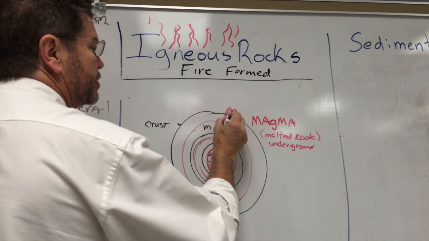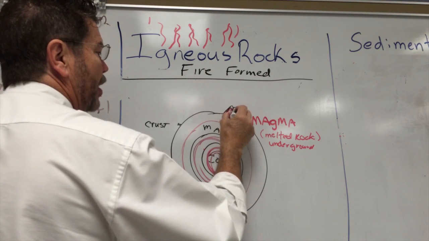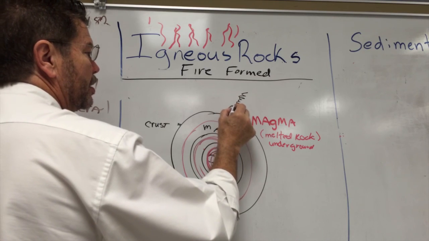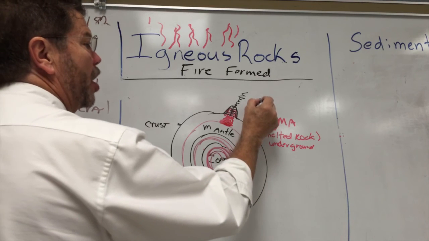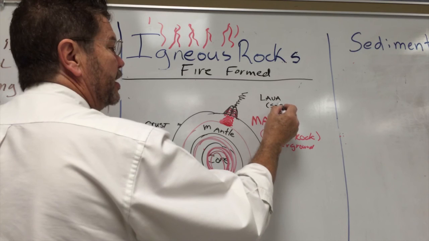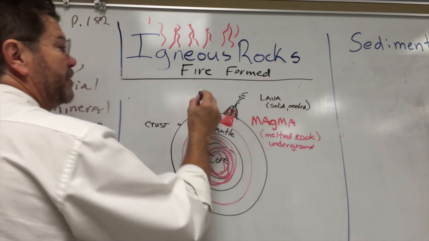What does it do when it gets above the earth? It's not as hot anymore. What do you think it starts to do? Noah, what do you think? It cools down. It cools. When it's above the earth, we call it lava. Lava is solid and it's cooled. And it comes from a volcano.